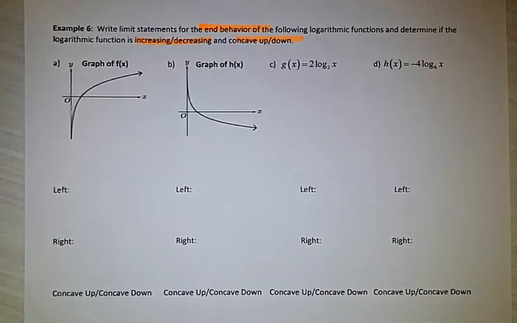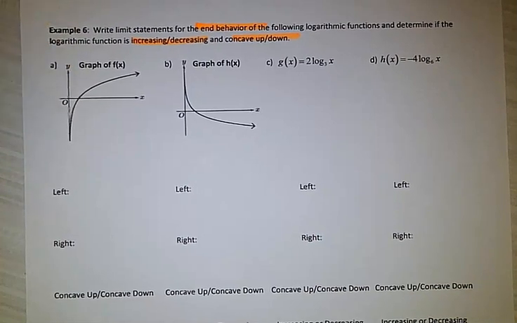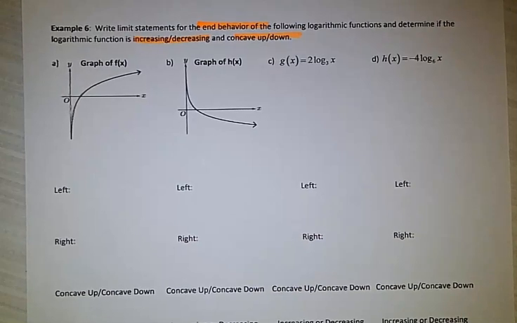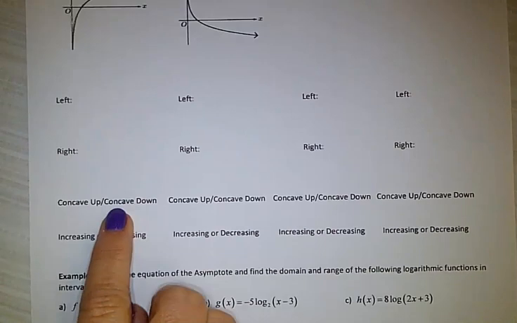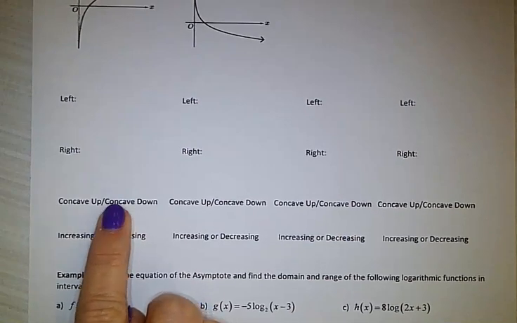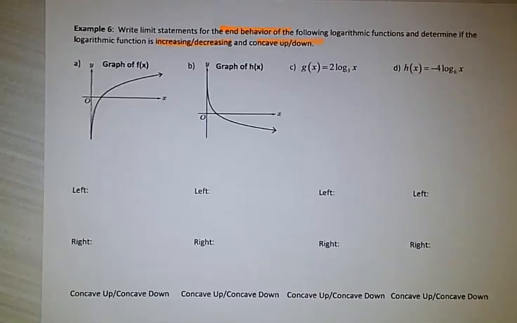So let's start with A and B because those are already graphed for us. Your note page, for some reason, the names of the graphs got cut off, so you might want to add that to your note page. And then I'm going to ask you to pause your video, and you should be able to look at these graphs and determine the left end behavior, the right end behavior, whether it's concave up or concave down, or increasing or decreasing.